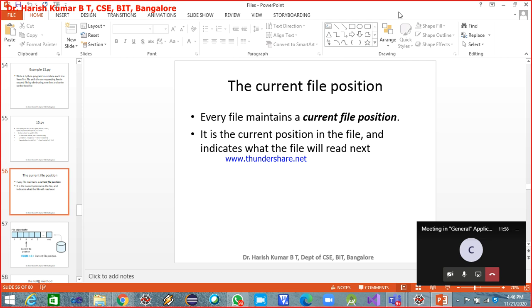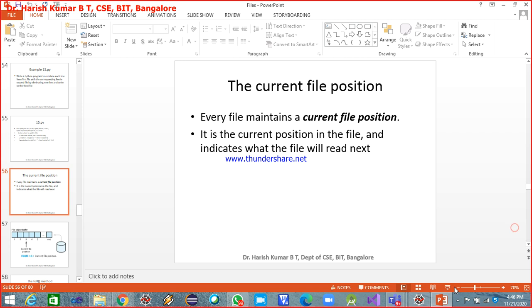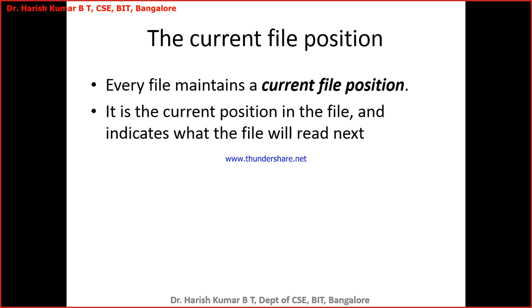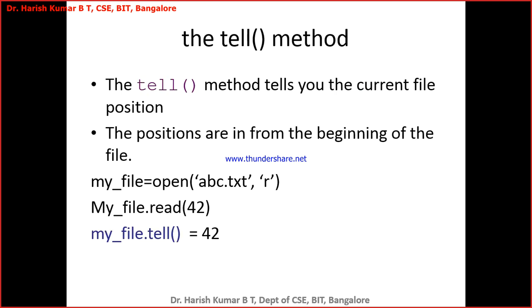And then we also understood how to perform the random read, or how to know the current file position or the current file pointer. So Python supports a method called the tell method. Using the tell method you can know where exactly the current file position is pointing, and we understood that with simple examples also.